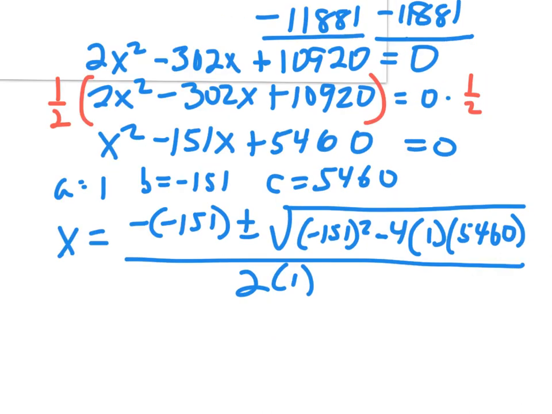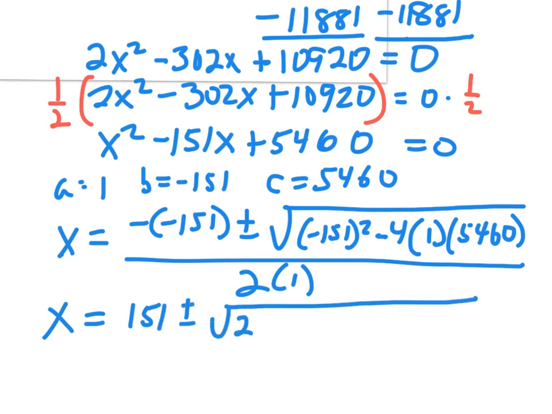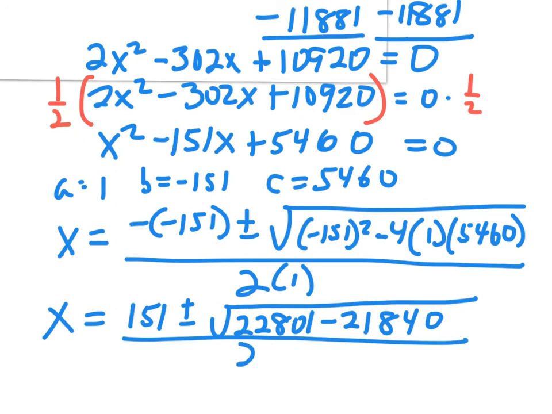So I just plugged into the quadratic formula here. I plugged negative 151 in for B, and then b squared minus 4 times 1 times c, all over 2a. And that now gives me 151 plus or minus the square root of 22801 minus 21840, all that over 2.